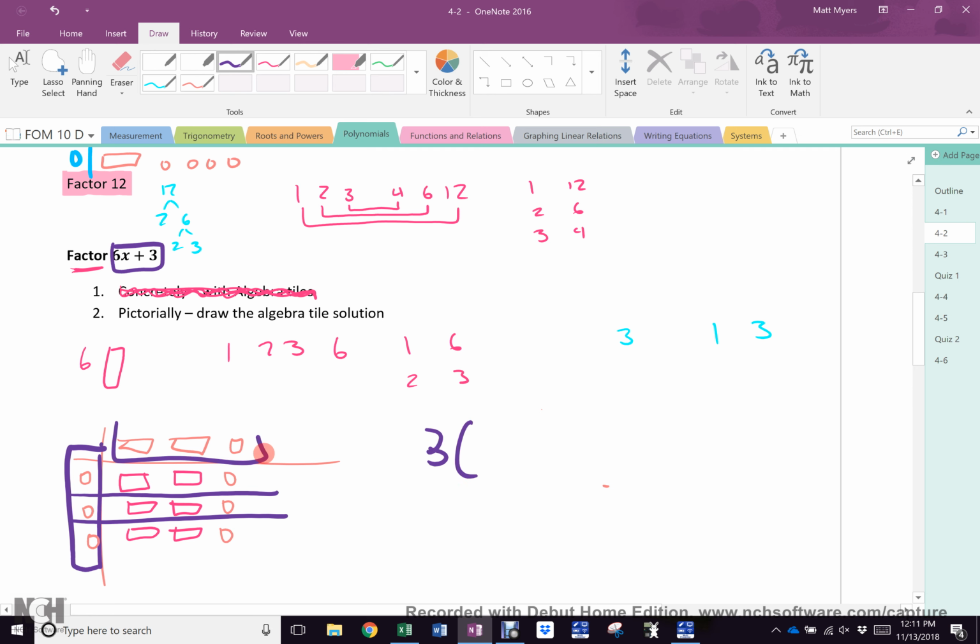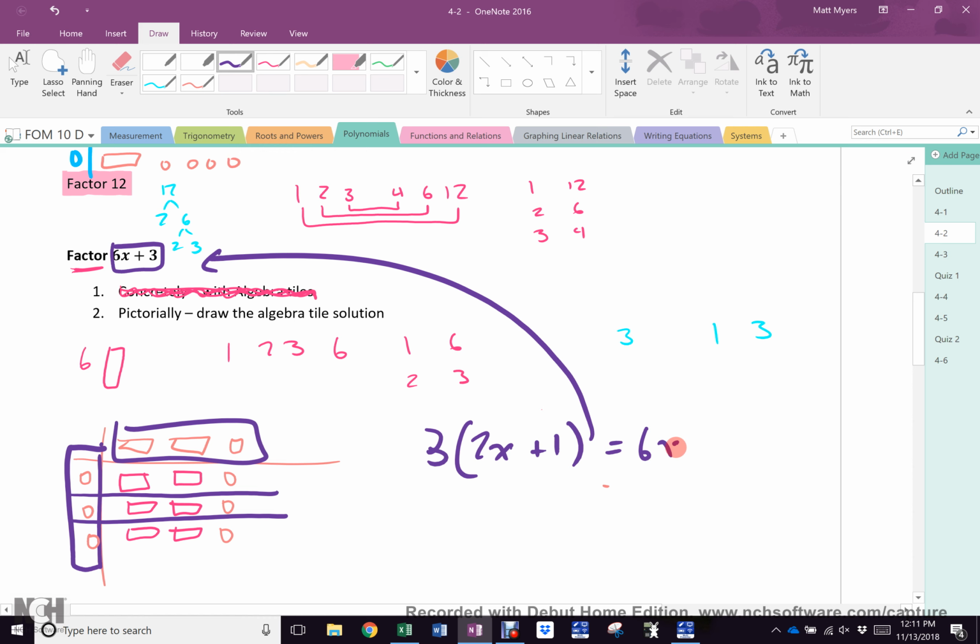And what's this factor? 2x, not x squared, 2 x's, because there's 2 there, plus 1. That must mean that these are factors of that. Is everybody with me? And we can check it. Is 3 times 2x 6x? Is 3 times 1 3? Everybody cool? So we drew it, we divided it by 3, because that's what ended up happening, right?